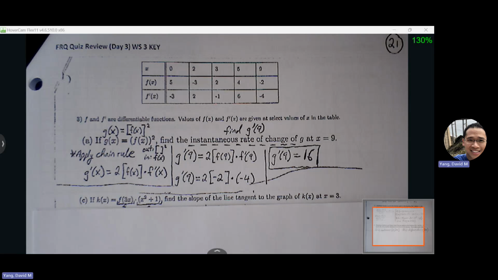Part B, we should be able to find the derivative first, product and a little bit of chain.